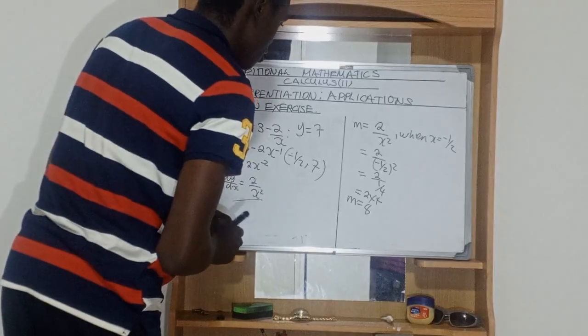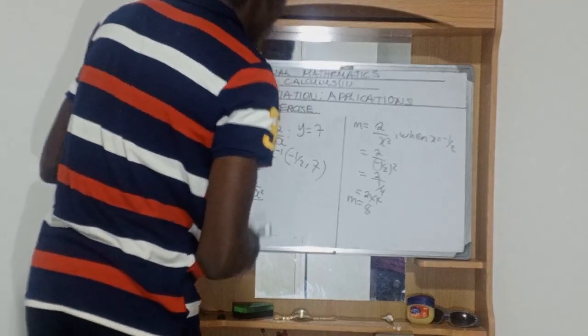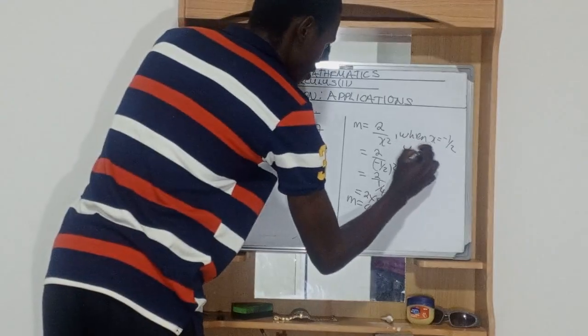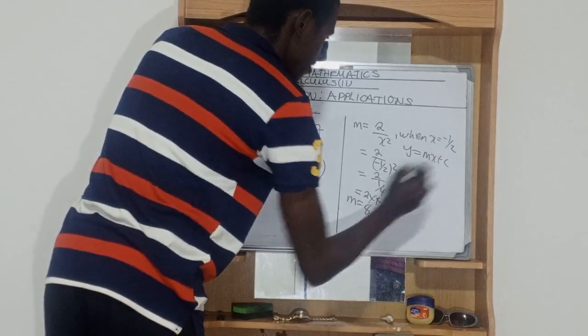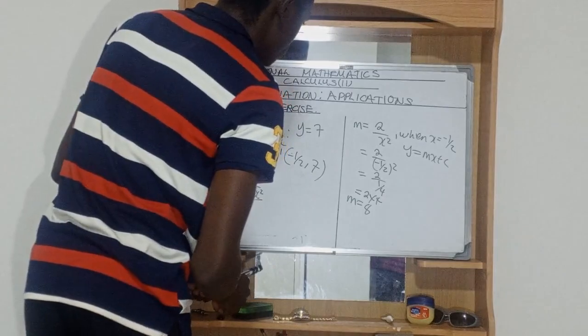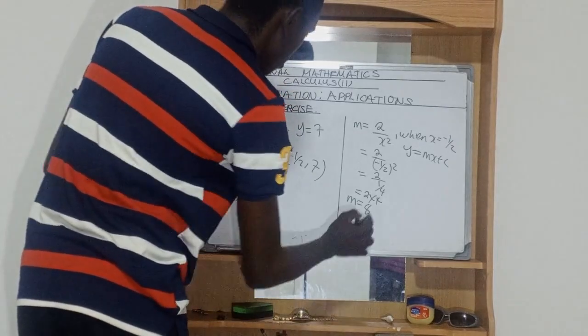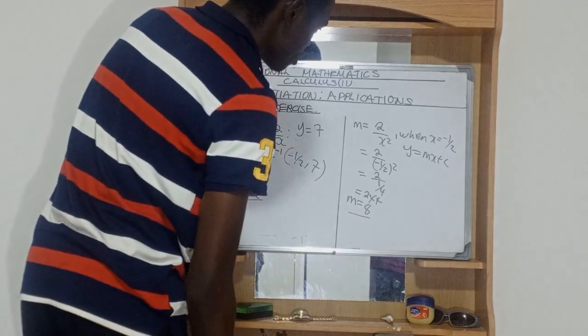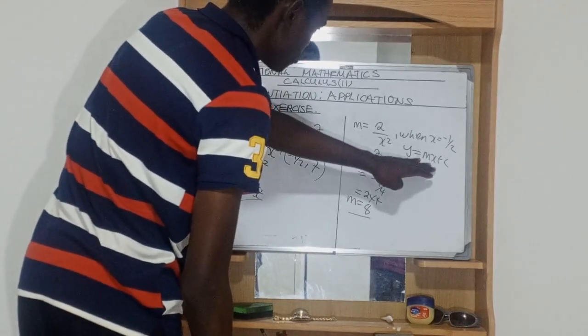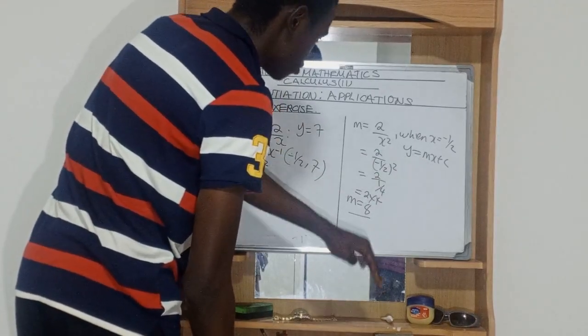After finding your m, we are going to use the gradient-intercept form. After you have written your equation, we substitute the value of y, the value of x, and the value of m to find the value of c.